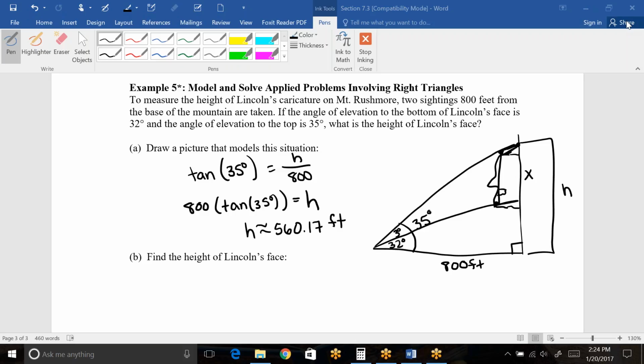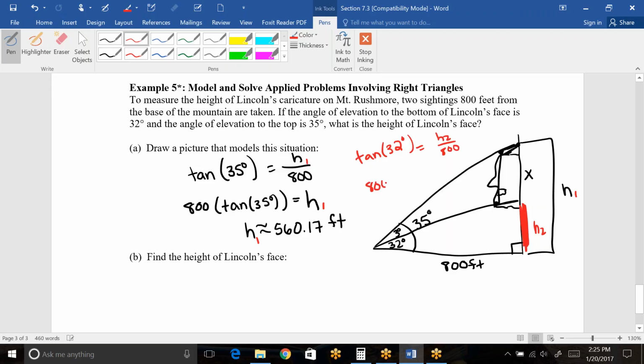Okay, so we can employ a similar tactic to help us find the measurement of this other part. Now we're not going to be able to find x directly. If you think about this being height 1, we can also measure the smaller triangle and find height 2. If you know height 1 and height 2, you can subtract to get x. So let's call this height 1 to distinguish that. So tangent of 32 degrees, because that's the smaller triangle that's created here, would be height 2 over 800.